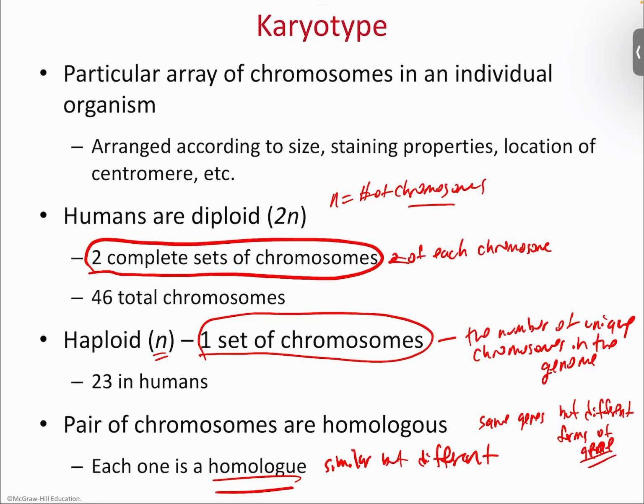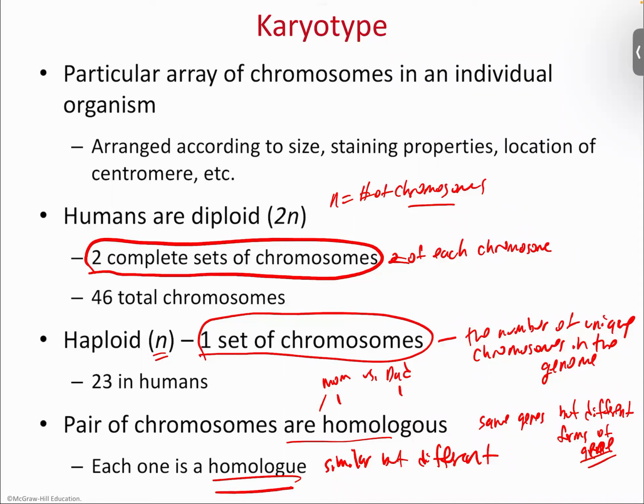Right, so the two homologous pairs would be mom versus dad. For chromosome 1, you would have a mom 1 and a dad 1. Let's say that dad had black hair and mom had really blonde hair, like towhead blonde.